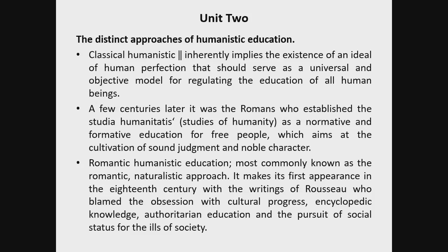The classical humanist implies the existence of an ideal human perfection that should serve as a universal and objective model for regulating the education for all human beings. The classical humanist is more likely the same as the liberal theorist. The classical humanists believe in the value of a person as a human being, a universal and objective model for regulating the education for all human beings.